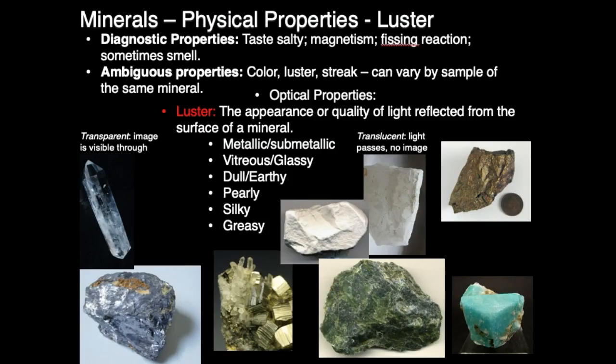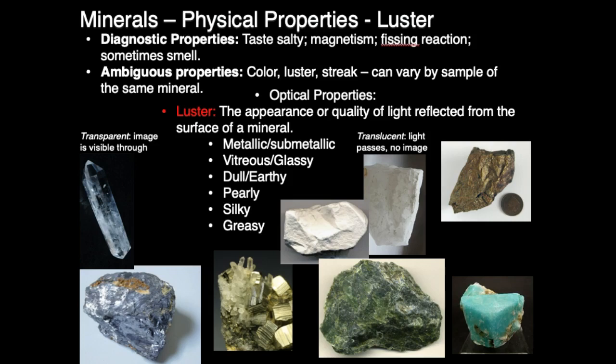All right, so now we're going to look at the physical properties of minerals. Some mineral samples differ from one another. So for example, one quartz sample may be white and another quartz sample may be pink, or one may have more impurities than the first sample. However, both of those samples should be equally dense, should break in the same manner, and be equally hard.